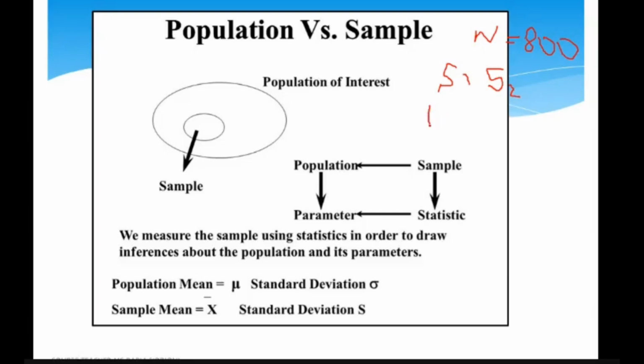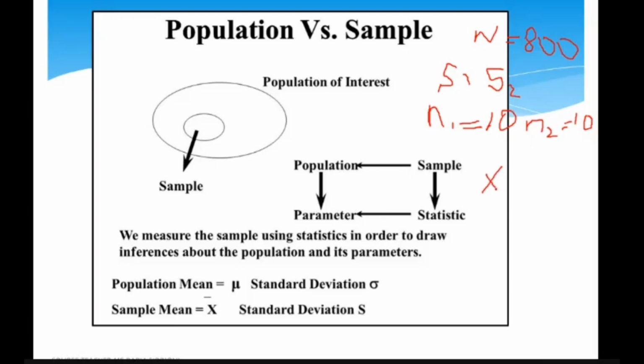Here, sample size number 1 is 10. Sample size number 2 is also 10. That means from 800 parts, you randomly draw 20 parts. You inspect these 20 parts, record the results, and let's say you have to find the average.